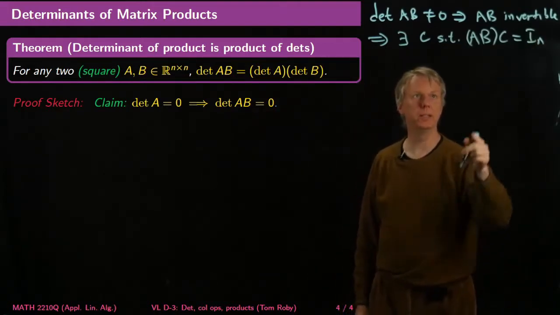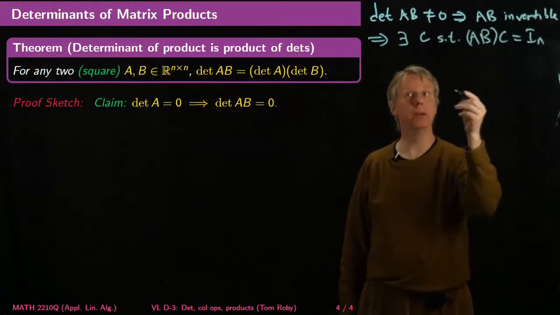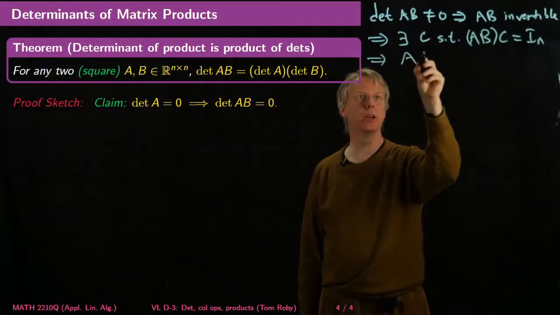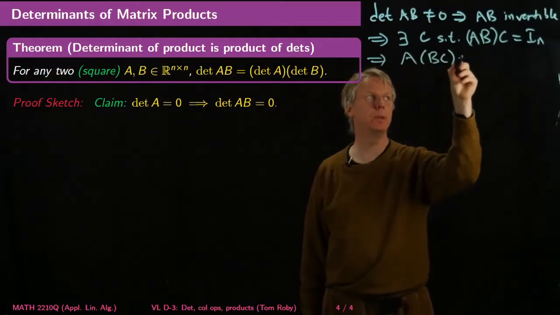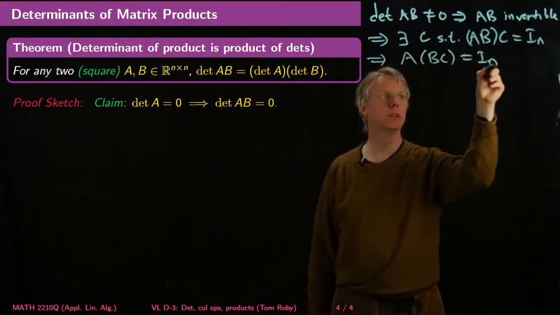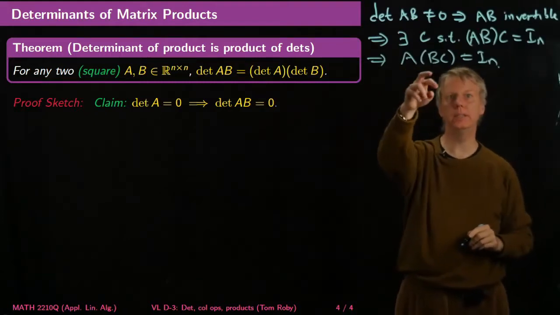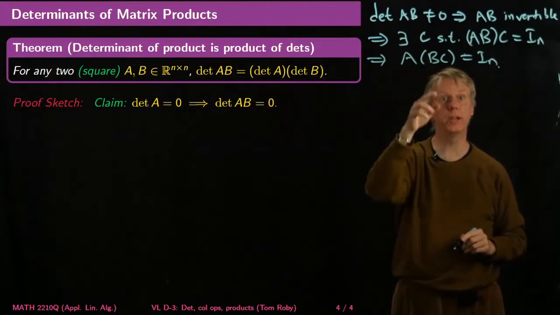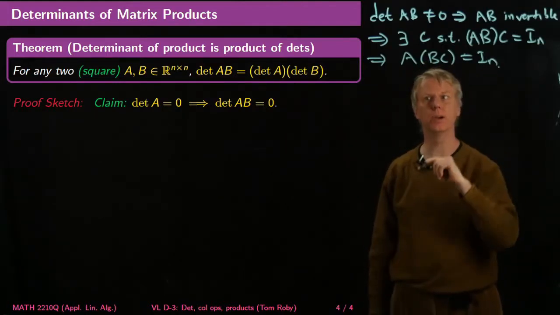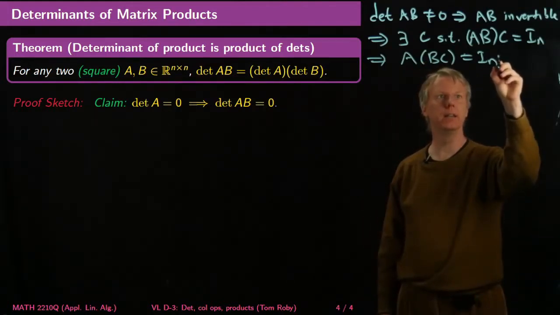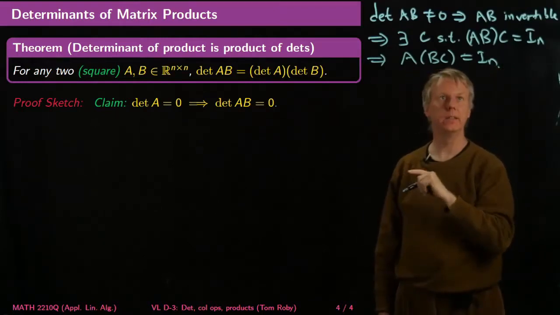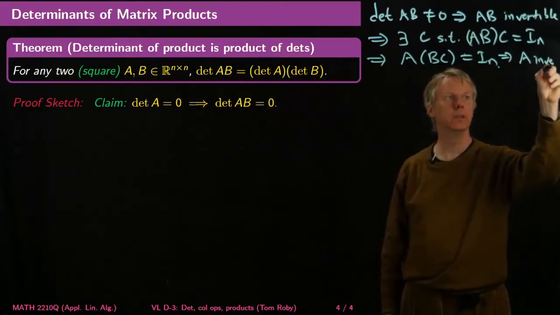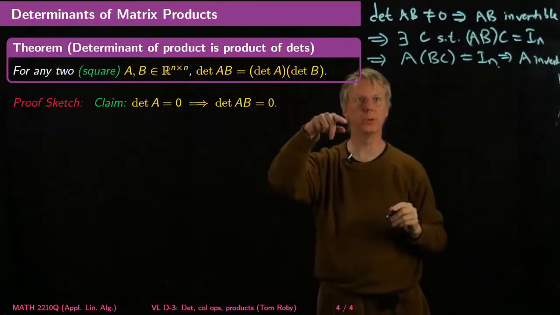That's what invertibility means, that there's an inverse matrix. Now, I can't commute matrices, but I can reassociate this as A times BC equals I_n. But then BC is just an inverse for A, a right inverse, but we know that if you've got a one-sided inverse, then it has to be two-sided in this situation. So A is invertible, and that implies that the determinant of A is not equal to 0.